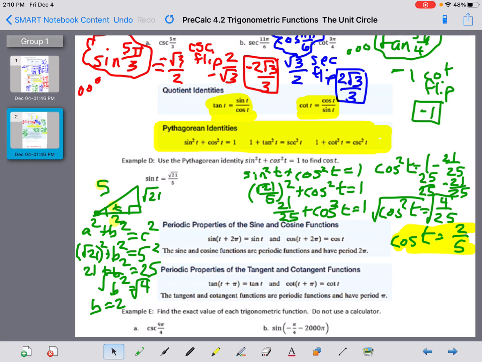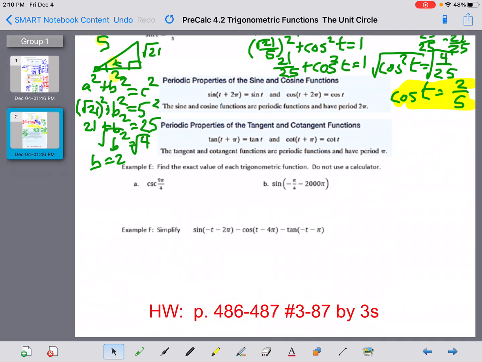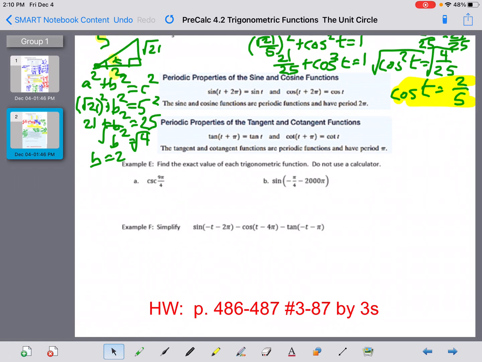All right, let me see if I can explain periodic properties without waving my hands at you, which, here's the thing, I am waving my hands at you. You just can't see it, okay? The unit circle is a circle, 360 degrees. But we talked about how we can do more than 360 degrees.